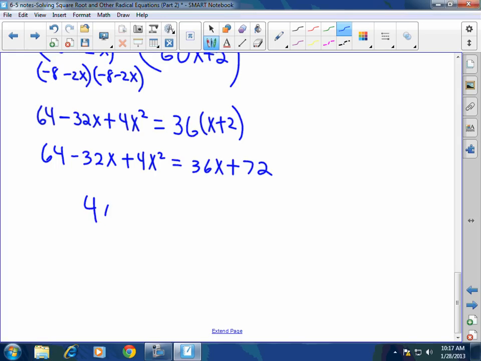Solve for x. Let's go 4x squared. Let's go ahead and subtract this 36x to both sides, making it a negative 68x. And then let's go ahead and subtract that 72 to both sides, making that an 18. Yeah, I think it's 18.